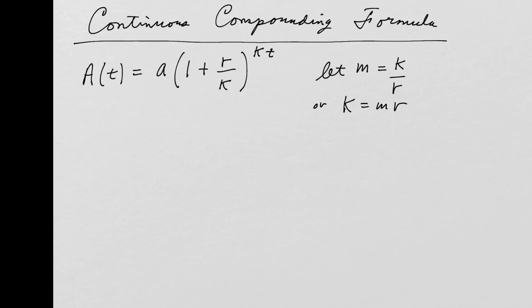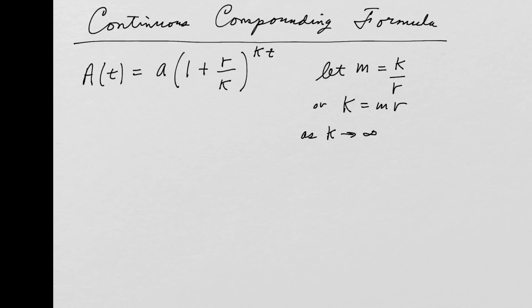One thing you should notice here, remember r is a constant, right? So as k goes to infinity, and we're assuming r is some positive annual percentage rate, so it's some positive value.